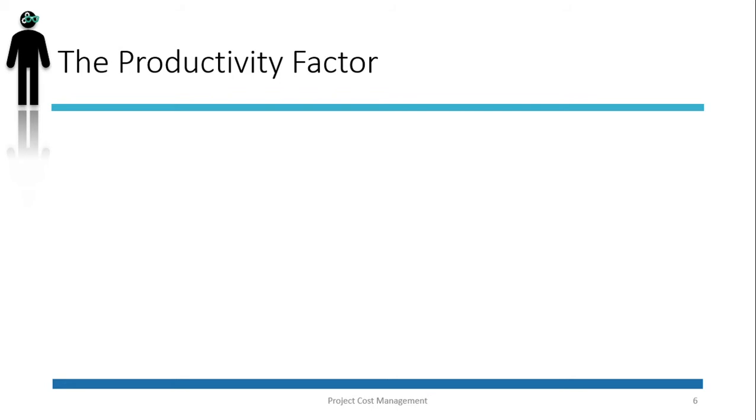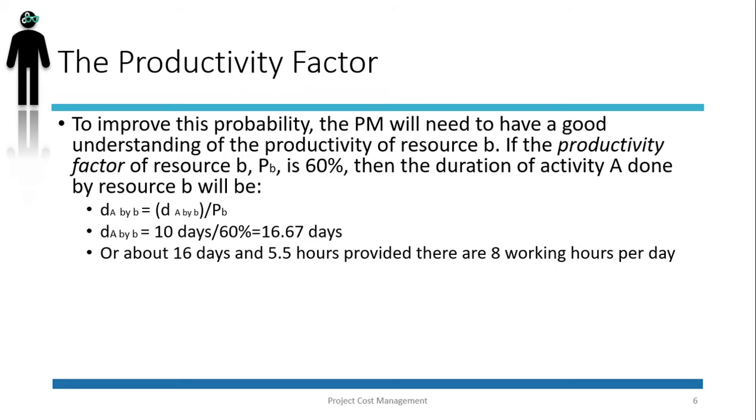Now, to improve this probability, the PM will need to have a good understanding of the productivity of the second resource. The PM needs to understand resource B very well. So let's say that we have a productivity factor. Let's call it P sub B. This is the productivity factor of resource B. Let's say that it is 60%.